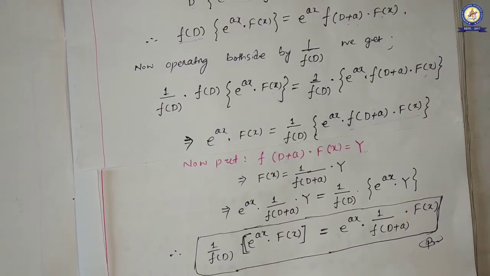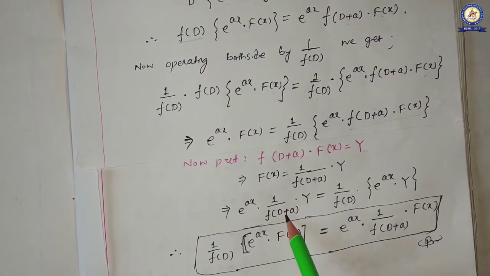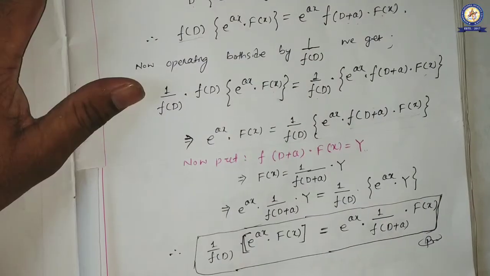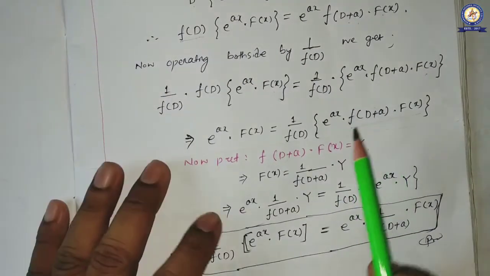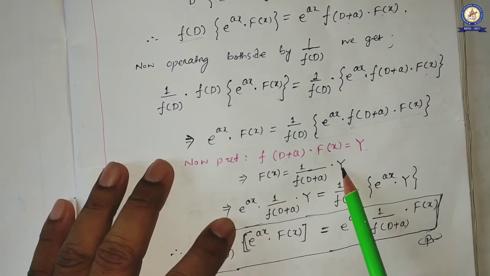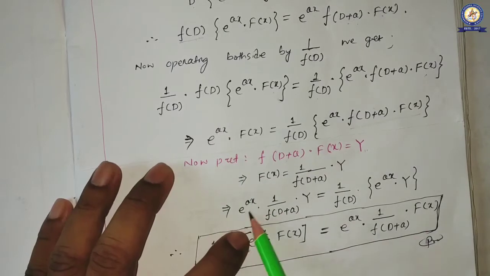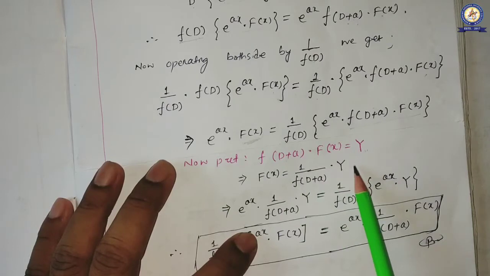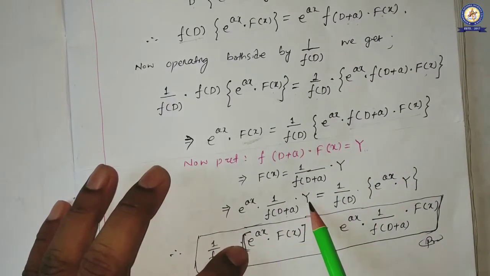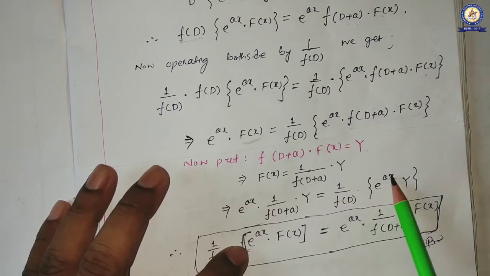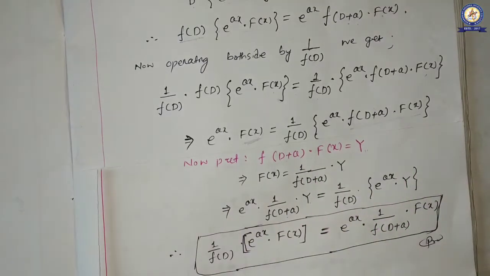Hence e^(ax) into 1 by f(D plus a) into Y will be equal to, that means here instead of F(x) we have to put 1 by f(D plus a) into Y. So here e^(ax), e^(ax), instead of capital F(x), we can substitute this one, 1 by f(D plus a) into Y, which will be equal to 1 by f(D) into e^(ax) into Y, right?